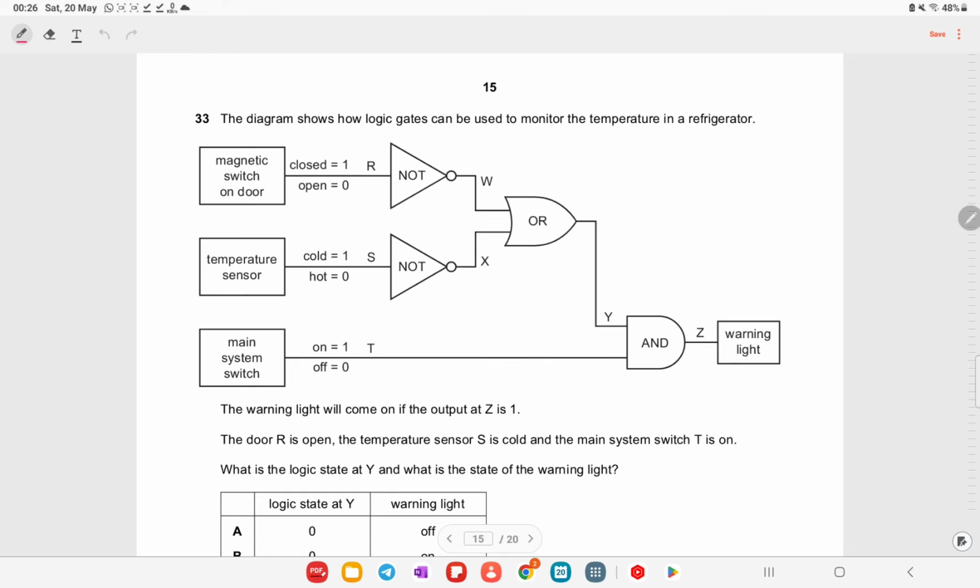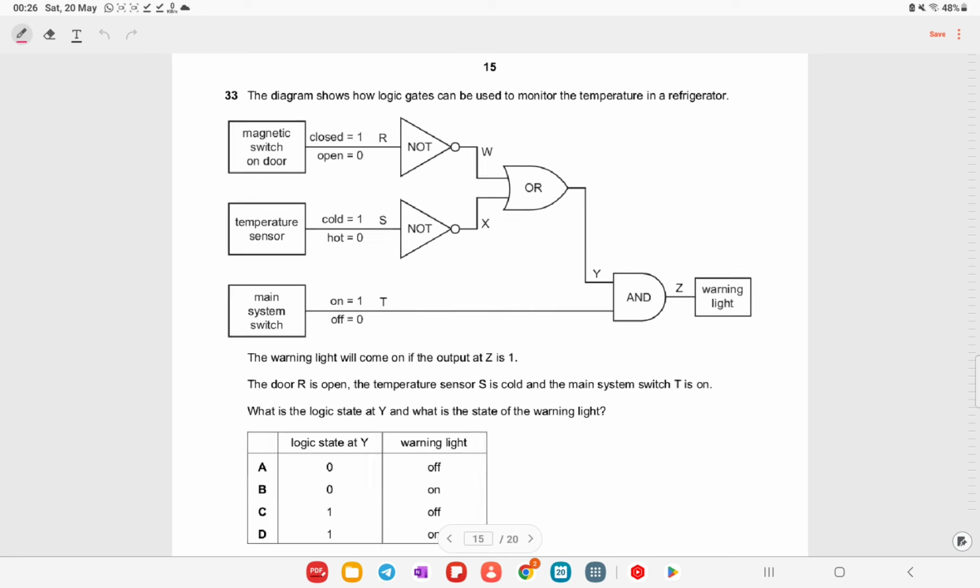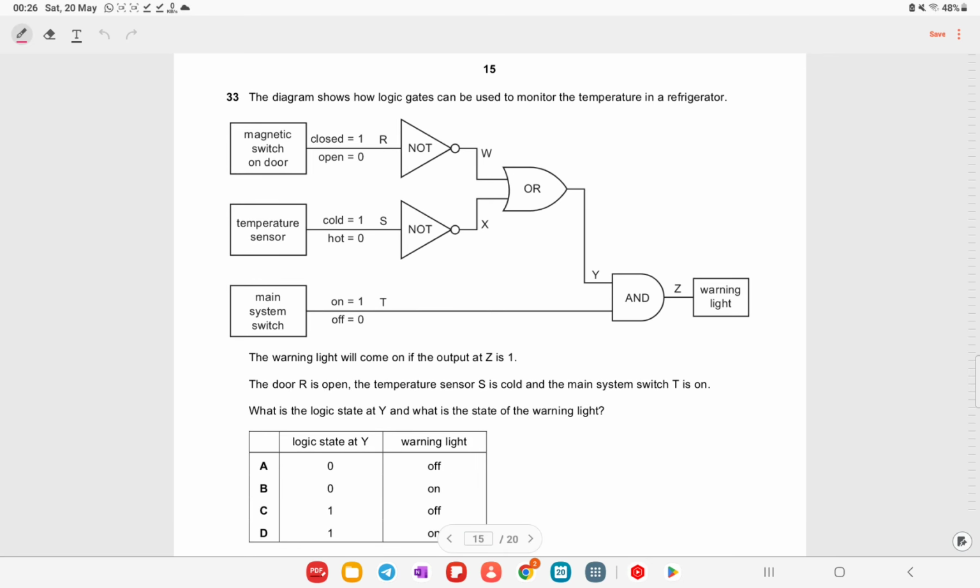The diagram shows how logic gates can be used to monitor the temperature in a refrigerator. The magnetic switch is on or closed, so these are the logic gates that are provided. The warning light will come on if the output of Z is 1.